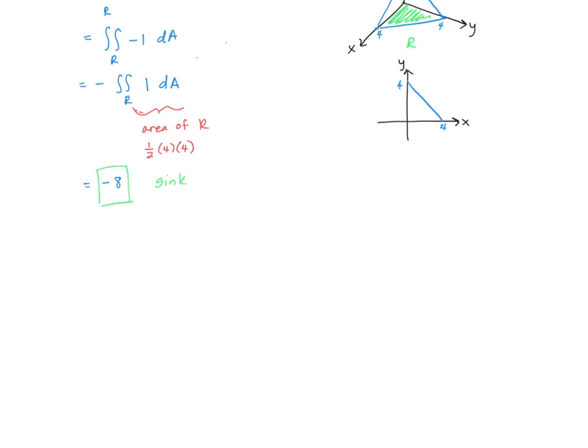Now I didn't have to use the geometry, the area of R. I could have gone ahead and computed those limits of integration. Notice that if I'm looking at the region in the xy plane, I could let my x values go from 0 to 4, and my y values go from 0 to, this is y equal to 4 minus x.